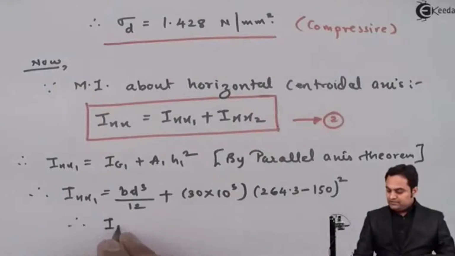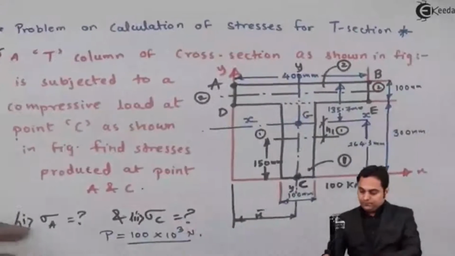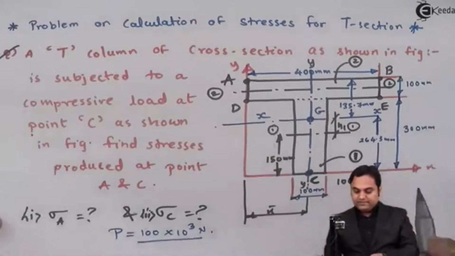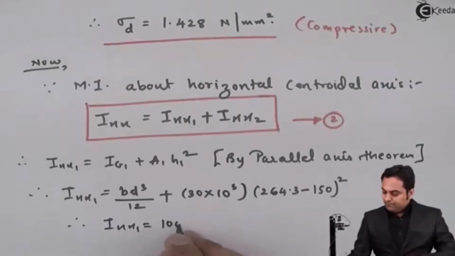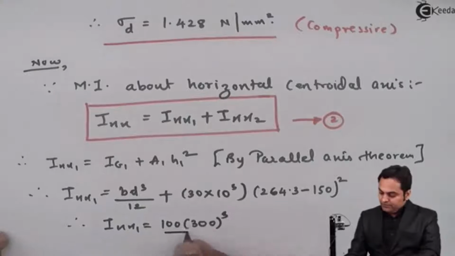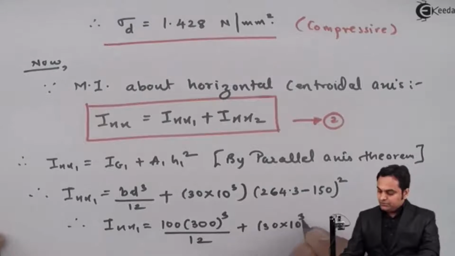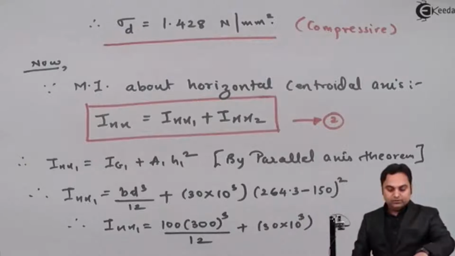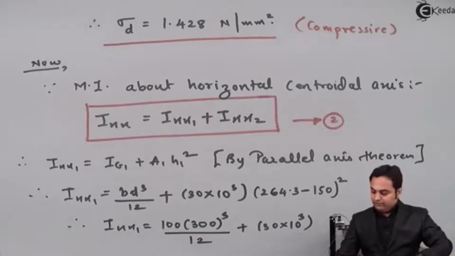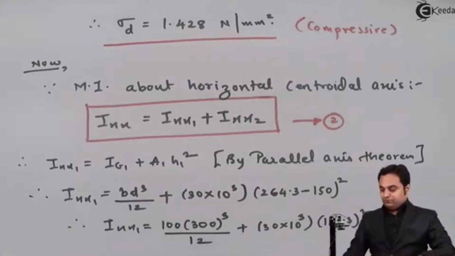So here for Ix1, I'll put B and D. B is 100 and D is 300 for the first rectangle. 100 into 300 cube divided by 12 plus 30 into 10 raised to 3, and here we have 114.3 whole square.